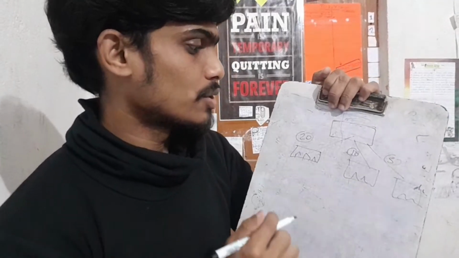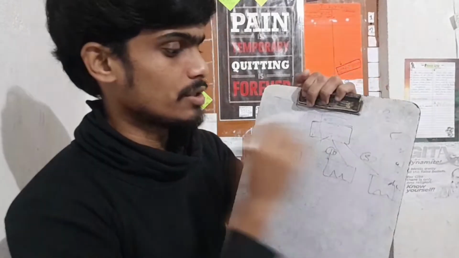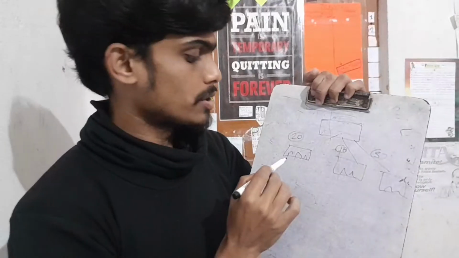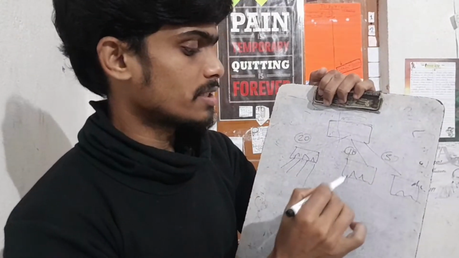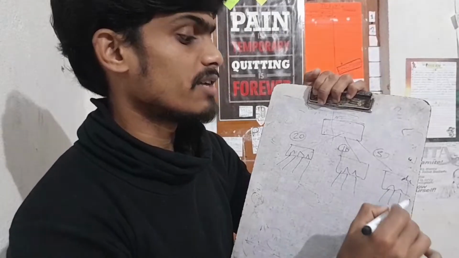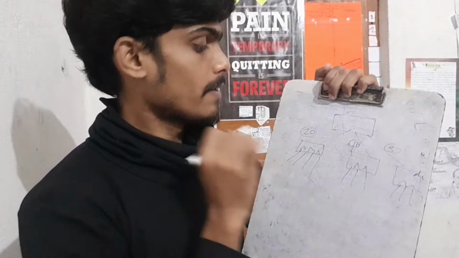So if we see, this is a huge network, because it contains 20 devices, this contains 10 devices, and this contains 5 devices. This switch S1 in itself contains a huge number of devices, so we can say it is a small network in itself.